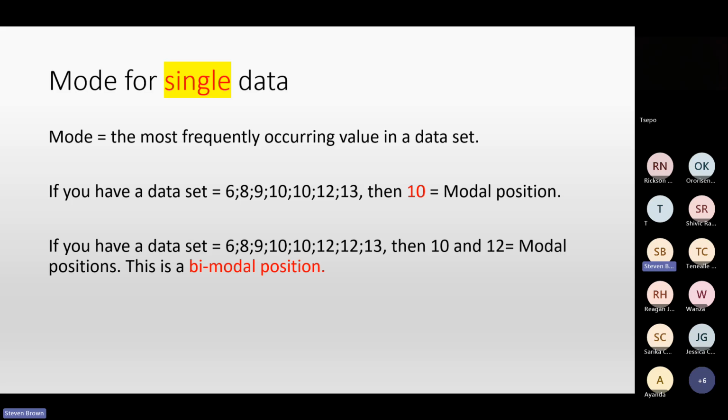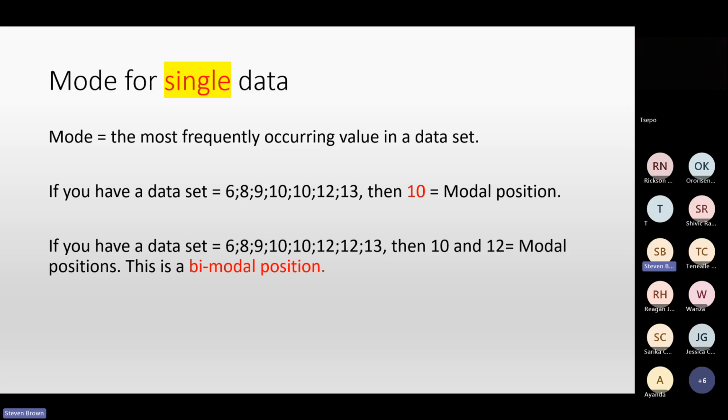If a number is repeated, that's your modal value. It doesn't require calculation. All it requires is for you to say, see, there's a 10 and another 10, that's my modal position.